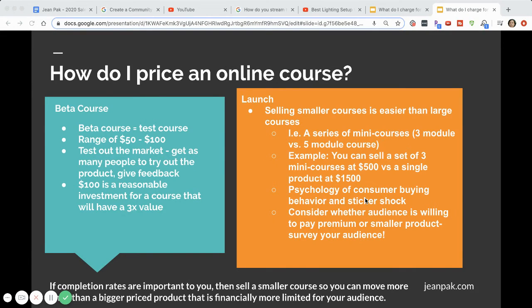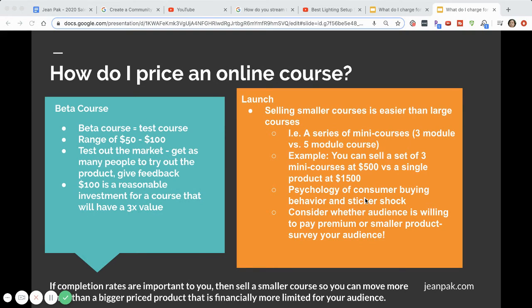A couple of advantages: this will help you build faster. This will help you see what the demand is. And third, it will make it easier for you to package your courses and sell them as a bundle instead of selling one course product at a cost of $1,500.